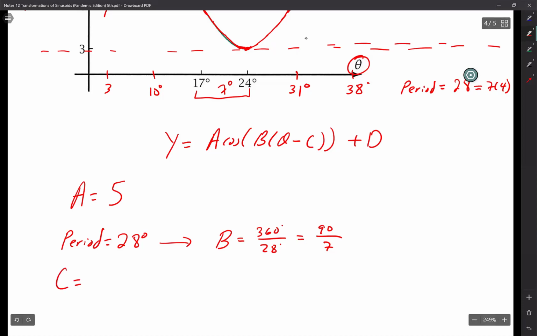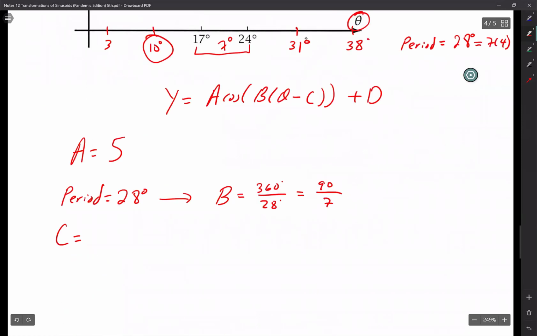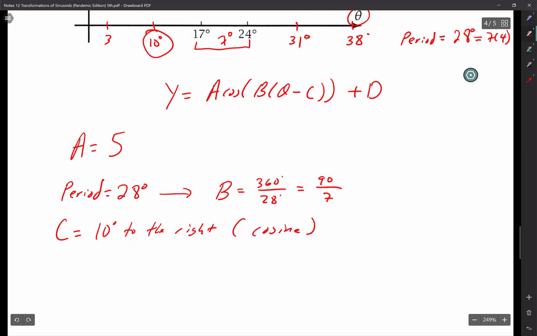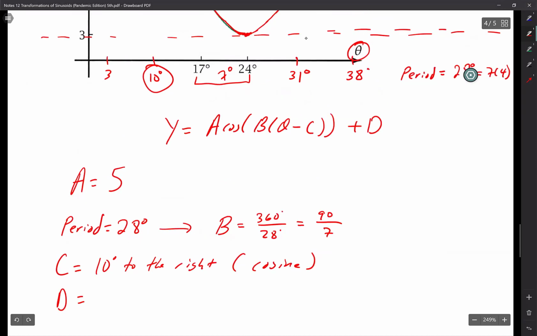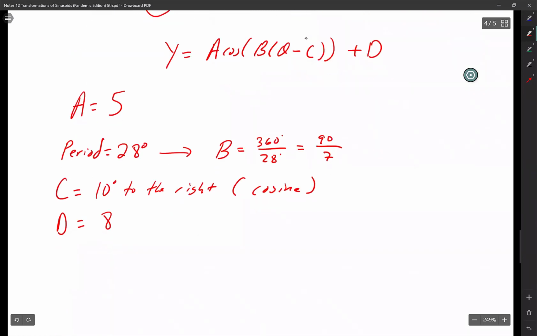The C, I'm going to have to use a peak. I'm going to use my first peak. I see a peak at 10 degrees, so 10 degrees to the right, because we're using cosine. And finally, the sinusoidal axis is the D, and that happens to be 8. So I got everything I need.